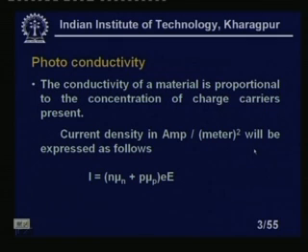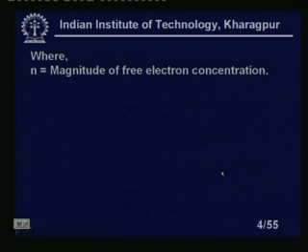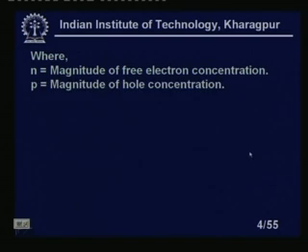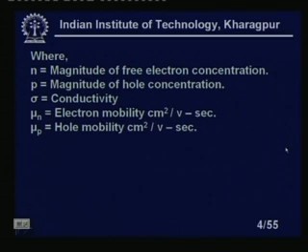The current density in amperes per meter square will be expressed as follows: J equal to (n mu n plus p mu p) e multiplied by E, where n is the magnitude of free electron concentration, p is the magnitude of hole concentration, sigma is the conductivity, mu n is the electron mobility in centimeter square per volt second, and mu p is the hole mobility in centimeter square per volt second.